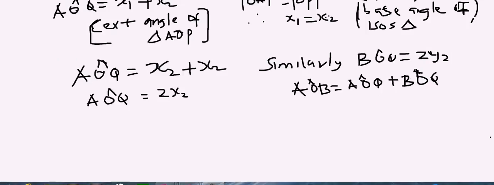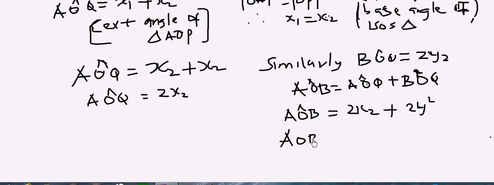So in that case, I simply have that AOB is equal to AOQ, which is 2x2, plus BOQ, which is 2y2. So we can factorize 2, so I have AOB is equal to 2 times x2 plus y2.